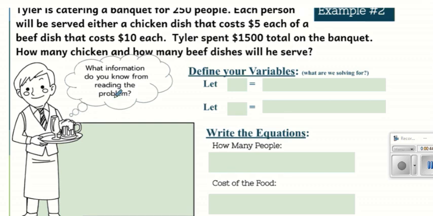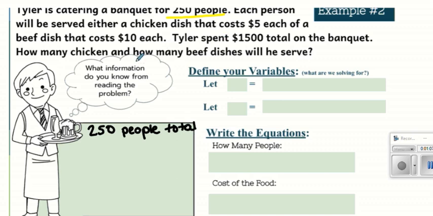So, the first piece of information that I see is that there is a total of 250 people at this banquet, or a total of 250 people who are ordering dishes of food.